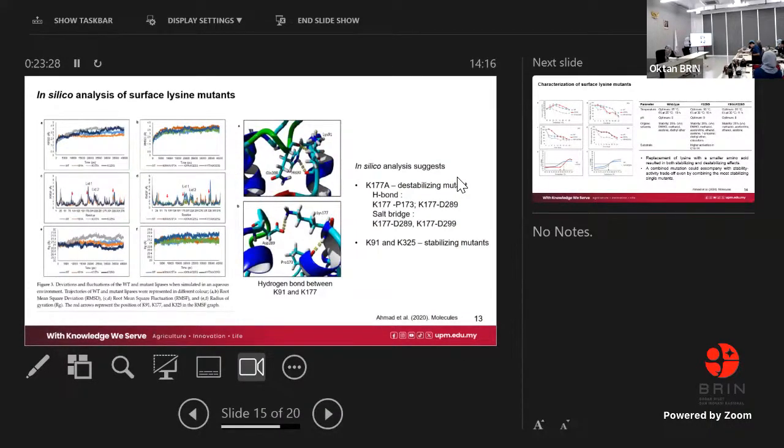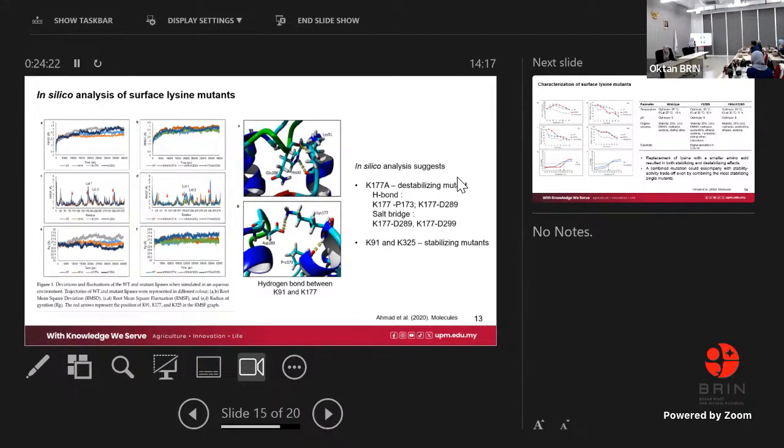Before we constructed the mutants, we did in silico analysis of all the surface lysine mutants, the six surface lysine mutants, and based on this analysis, we managed to identify stabilizing mutants and also destabilizing mutants. Looking at the simulation results, we found that mutation at 177 is a destabilizing mutation, where if we mutate it to alanine, the structure becomes disrupted or less stable.